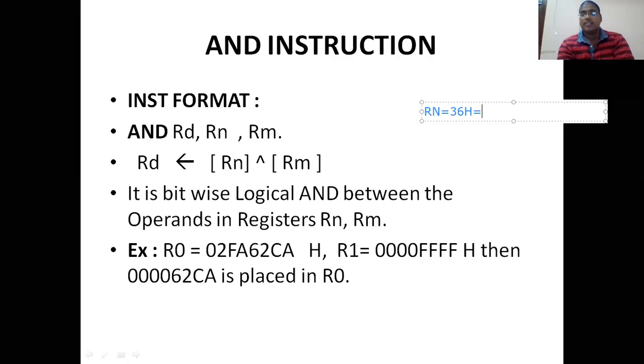Here it is given as 36H. 36 can be written as 0011 0110, isn't it? This is for 3 and that is for 6.